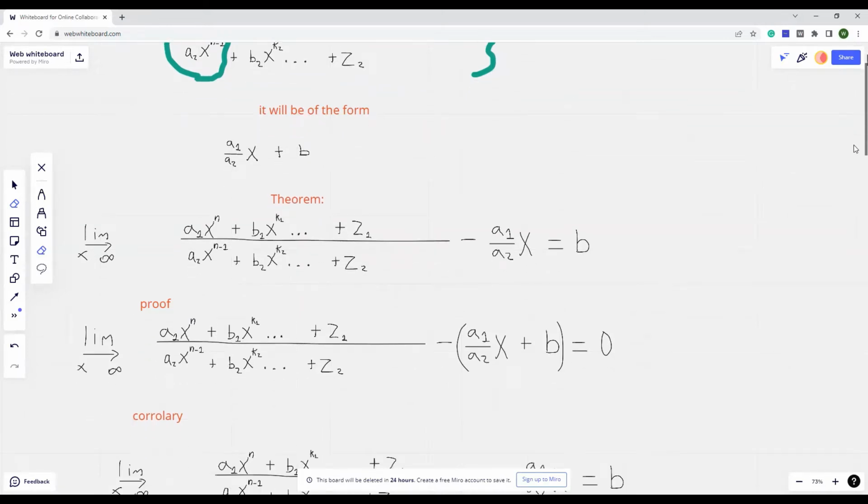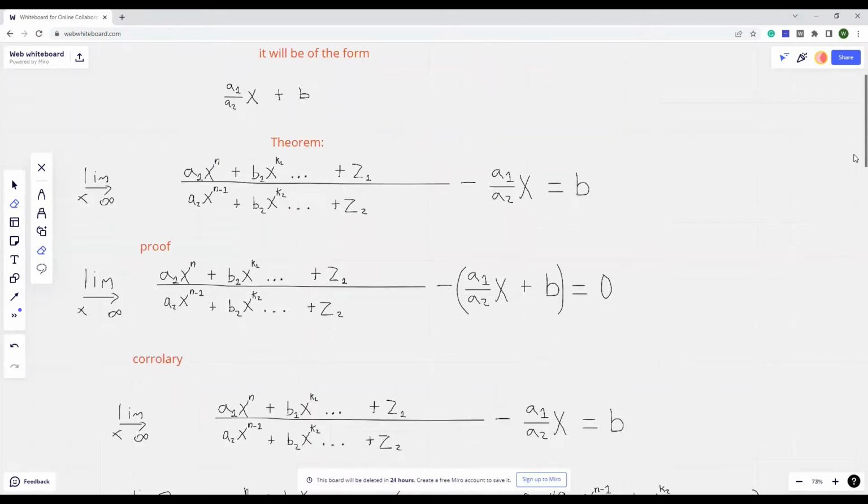Okay, so how is that? Well, this proof might not be as rigorous as can be. I don't think you guys care about that, but I would say the proof is pretty simple.